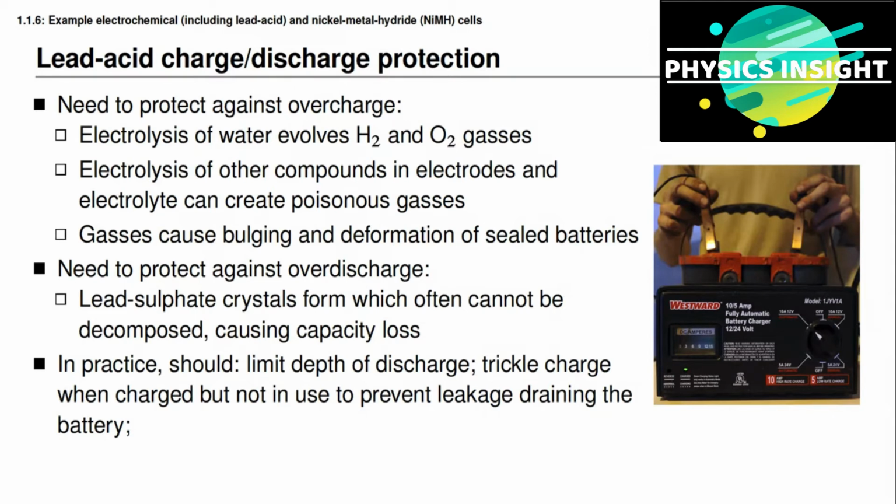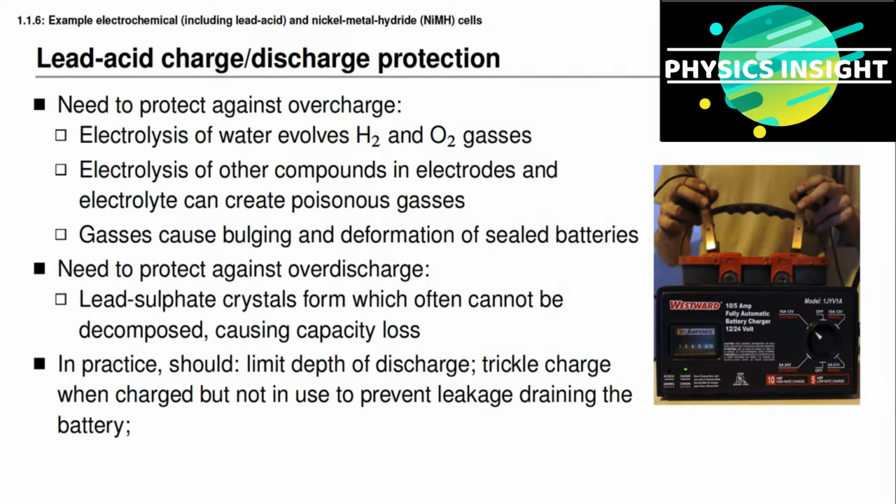The water in the electrolyte at this full charge point decomposes into hydrogen and oxygen gases, but if the trickle charge is at a slow enough rate, these gases then can recombine back into water at the same rate. So I form gases and then I form water again at an equilibrium rate overall.